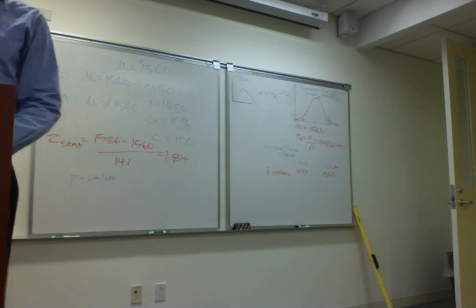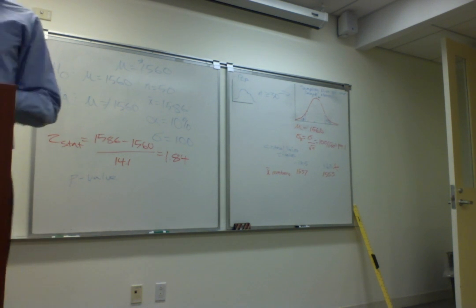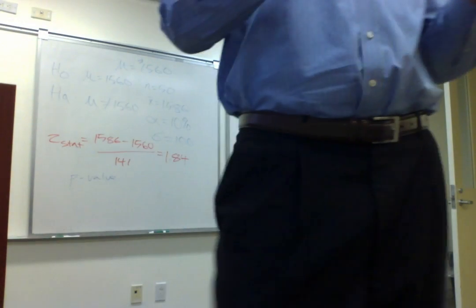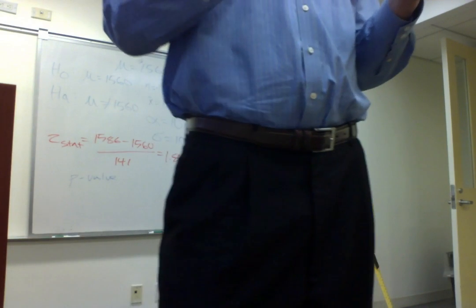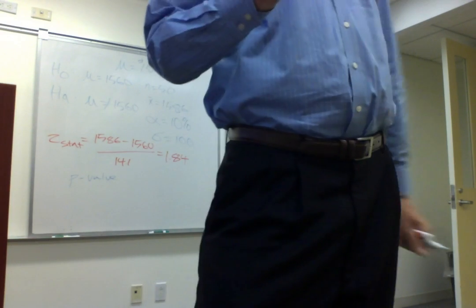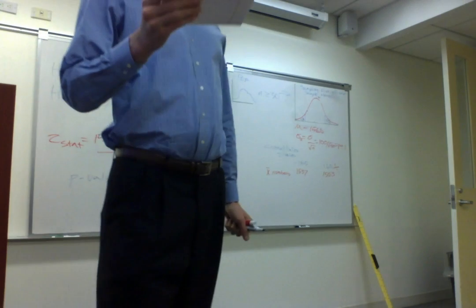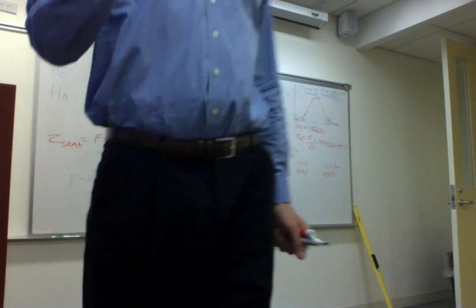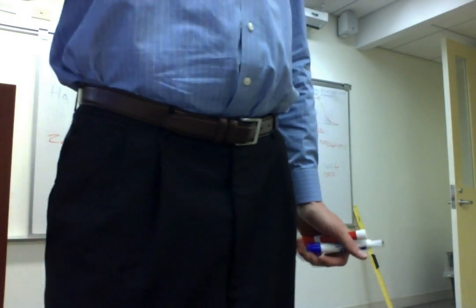Let me read you the number so I don't confuse you with faulty words. This is the exact probability that given the null hypothesis, we would find a sample mean at least as unlikely as we did.